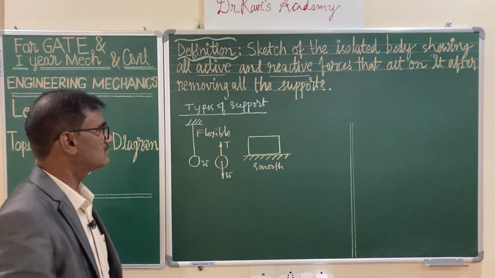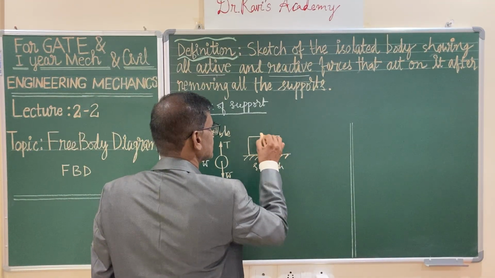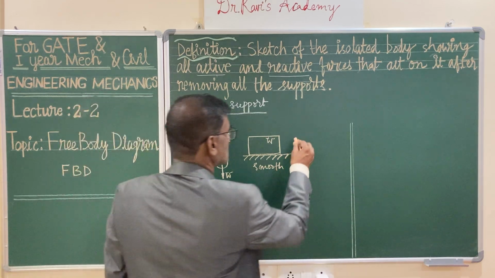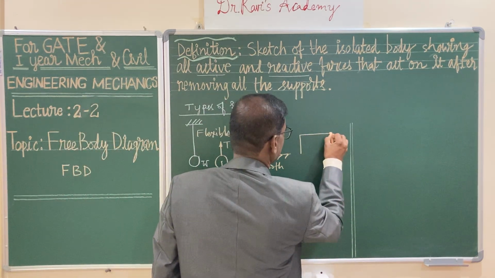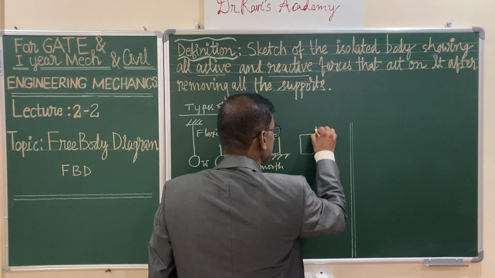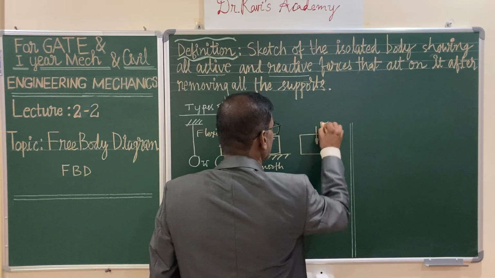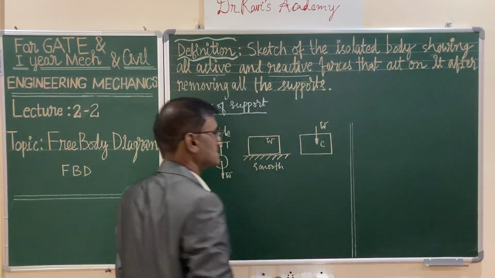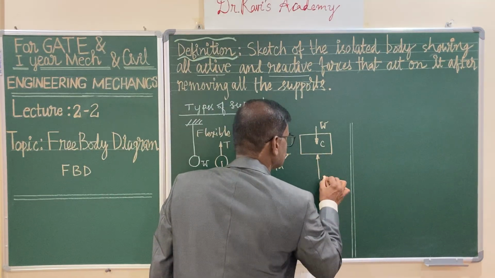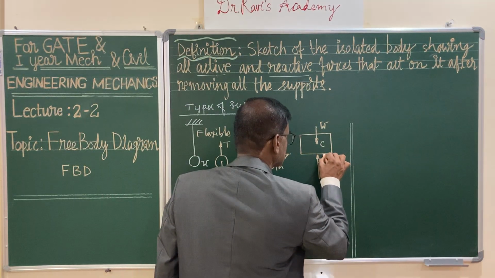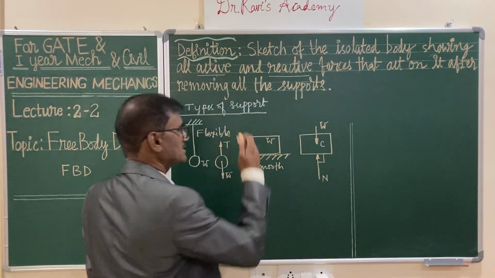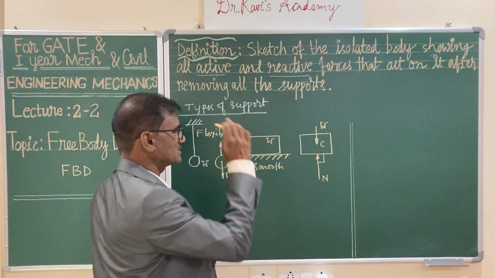Let us assume it has a weight of W. And to draw the free body diagram of this particular block, let us draw the sketch of the body, that is the block, and weight is acting vertically downwards through the centroid or center of gravity of the body, and perpendicular to the contact surface a normal force is acting. This is exactly perpendicular to the contact surface. This is the free body diagram of this particular block when it is smooth.